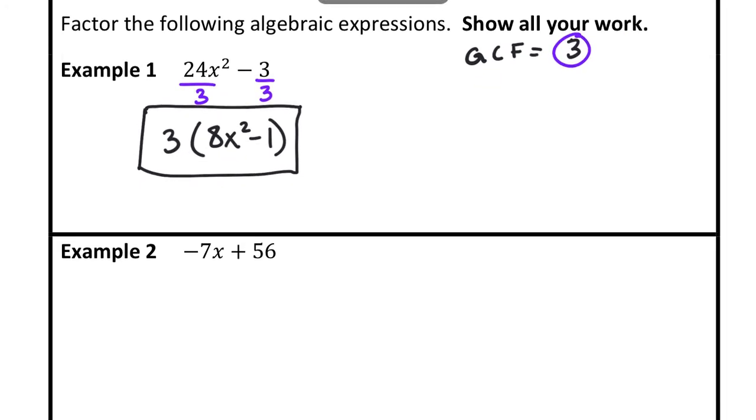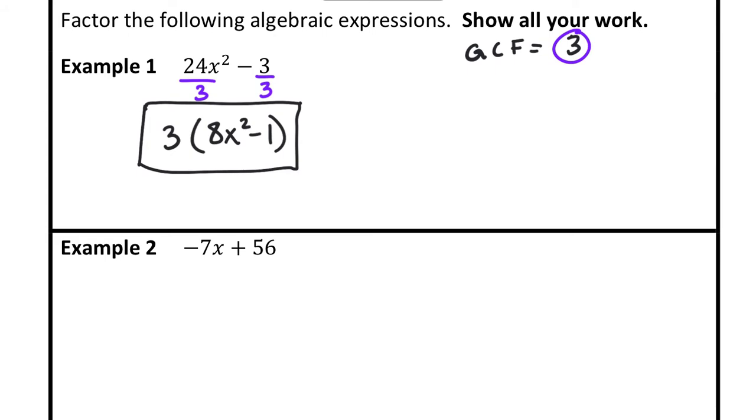Okay. And again, we're going to practice it again. So for example, let's practice it again in example 2. So first of all, do we have a GCF? They don't share a common x. Are they both divisible by something in common?